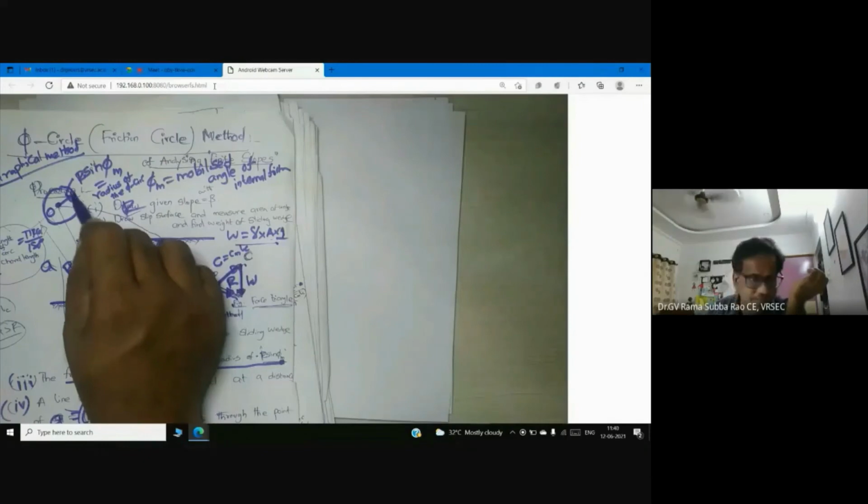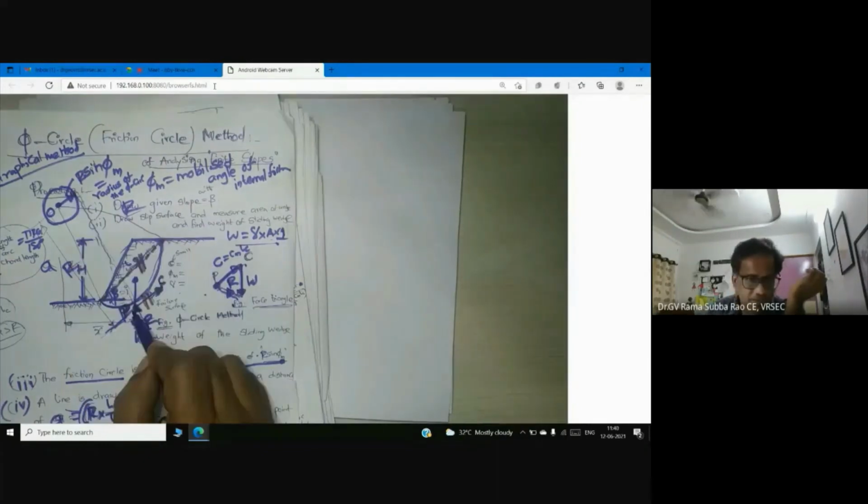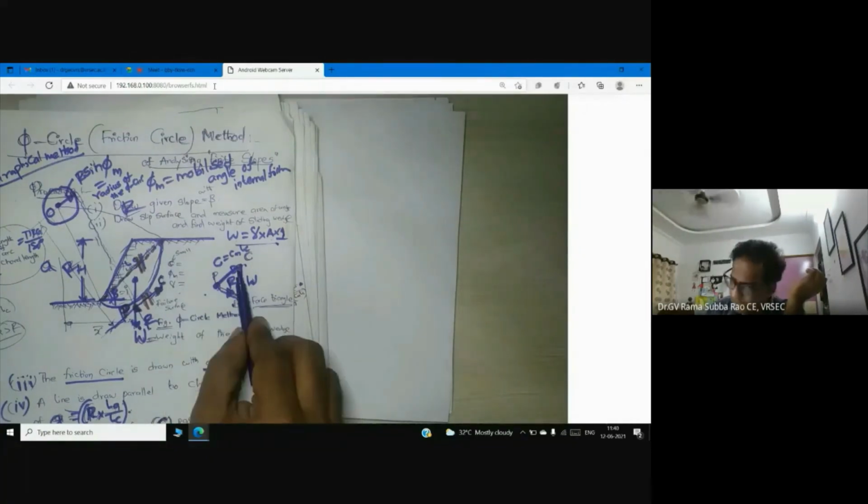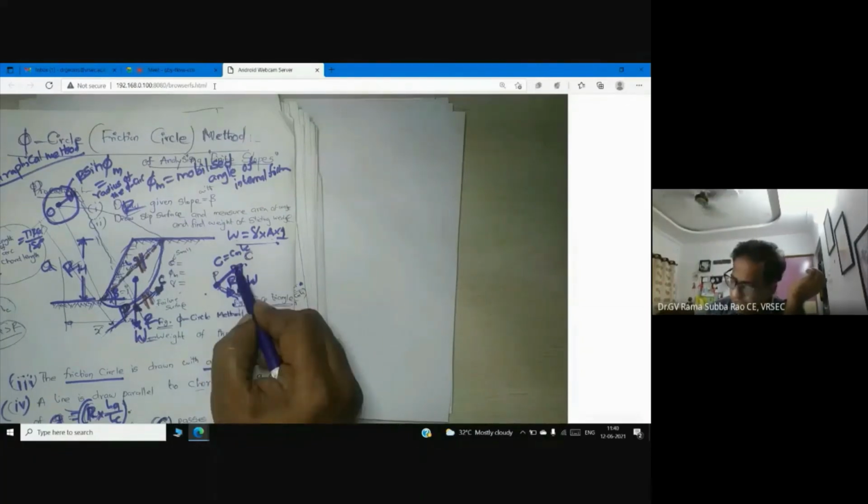Now three forces are there. One is the weight. The second one is cohesion, the cohesive force. And the third one, which is very important, don't forget this point of intersection P. So now R is the resultant.